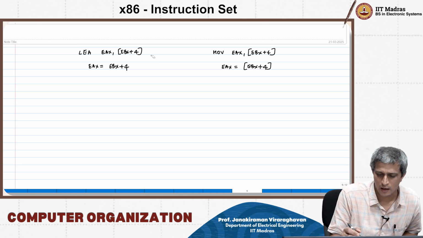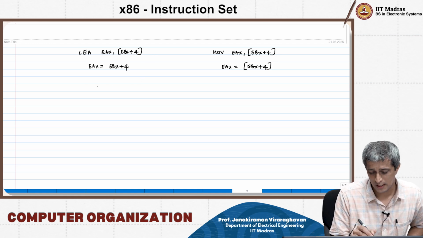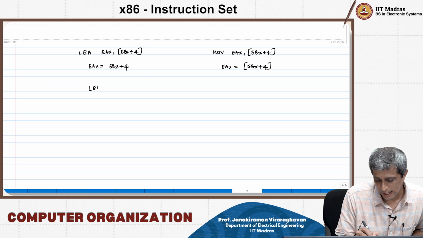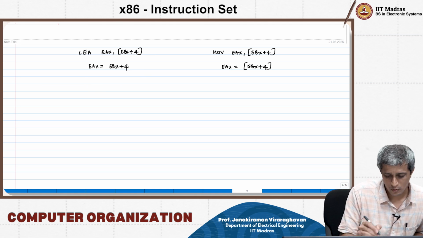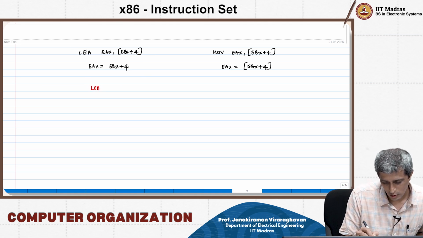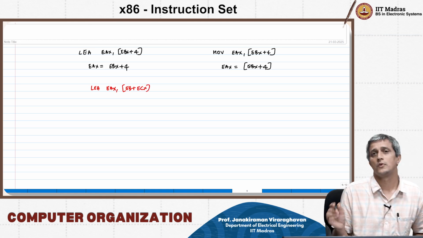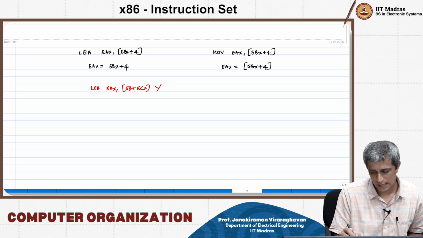So again, here you cannot do, for example, LEA EAX, EBX plus ECX. You cannot do this, right? This is absolutely wrong.